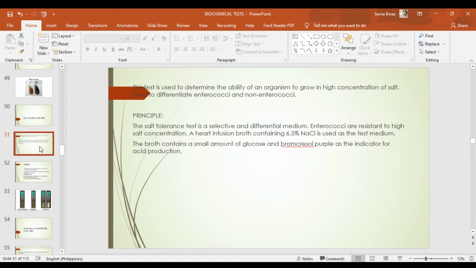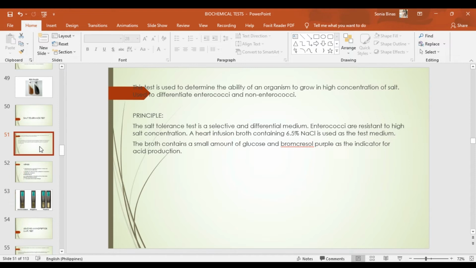So BHI, or our brain heart infusion broth, may be used in place of the individual components with the addition of sodium chloride and indicator dye.